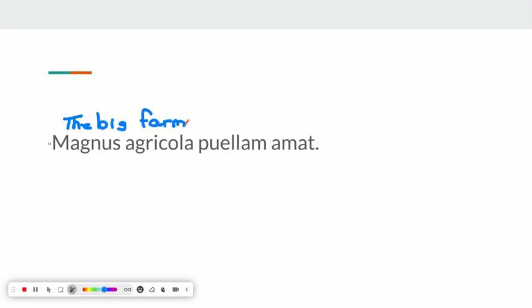And in Latin, remember that the verb following the subject is at the end. So the farmer loves what? And puellum is girl, so loves the girl, or the woman. The farmer loves the girl.